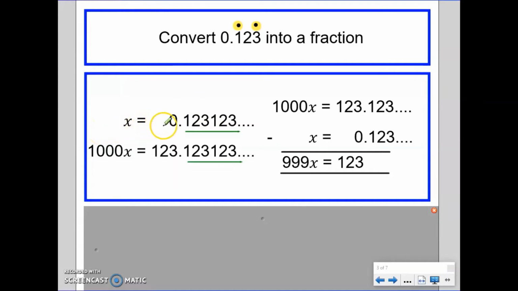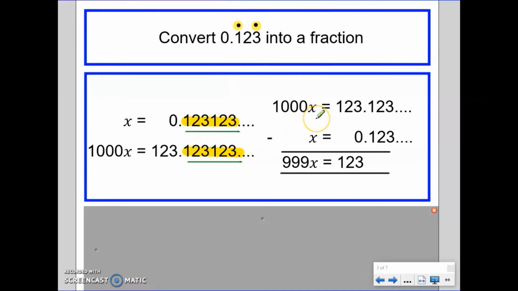That would have given me 12.312, which again would not have lined up correctly. So then I go ahead and think of 1000x. This gives me 123.123, and so on. So you can see from my green underlines that I've now got the digits after the decimal point matching.